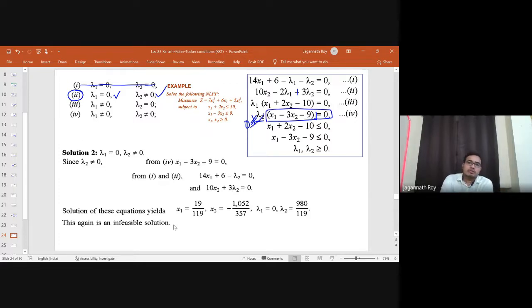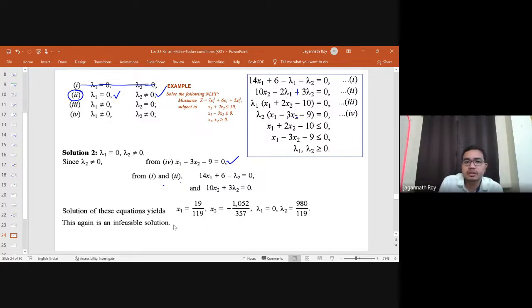If one of them is non-zero, then the other is 0. So that is why we have to make it 0. So we write it from equation 4, and from 1 and 2, what we have to do now, I think these cases may be incorrect. We have to verify.